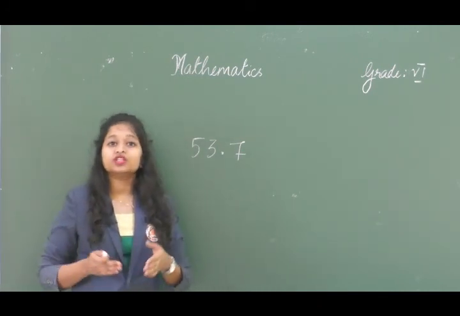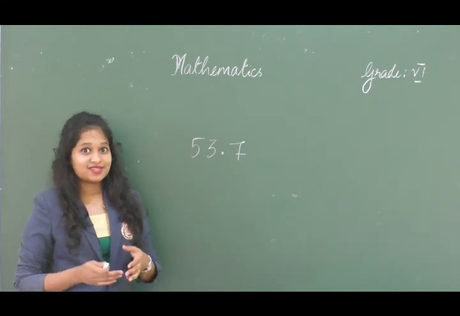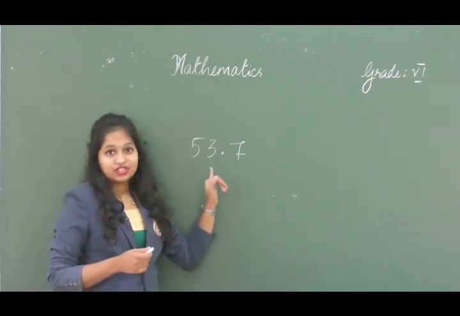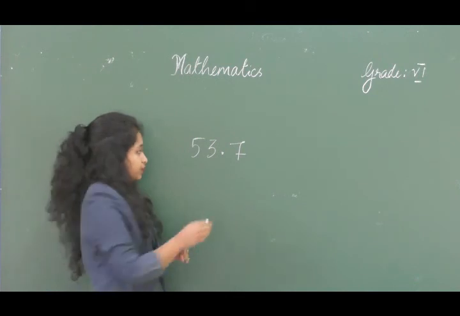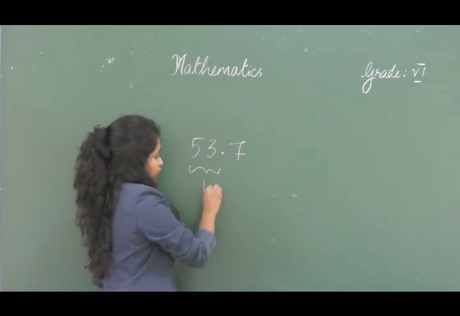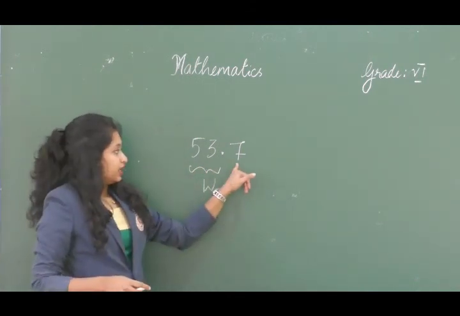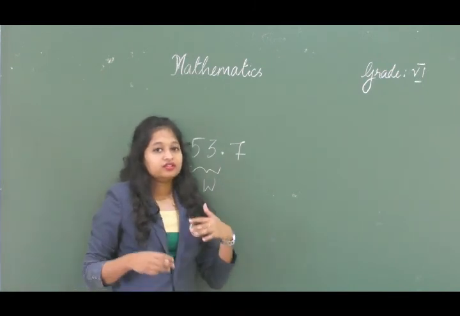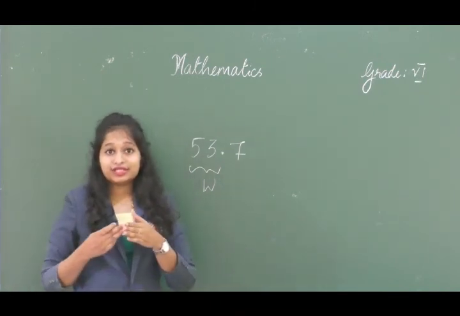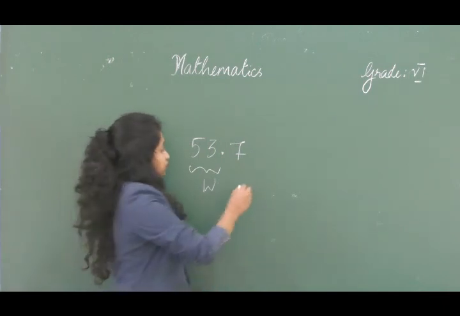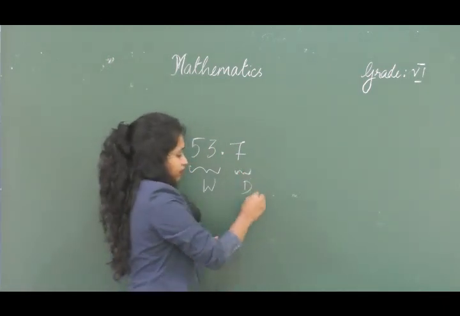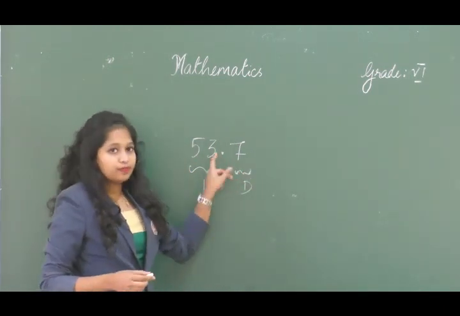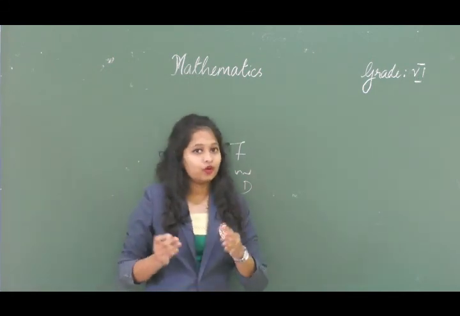Here, which is the whole number part? Yes, 53 is the whole number part. So this is the whole number part, and the digits after the decimal point is the decimal part, and this point is called as decimal point.